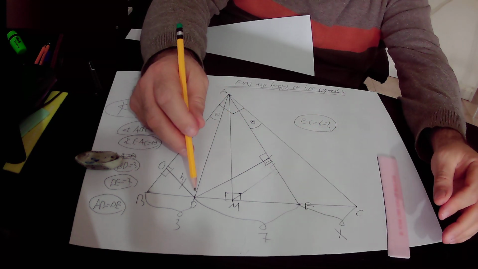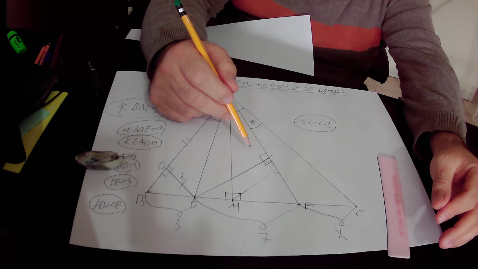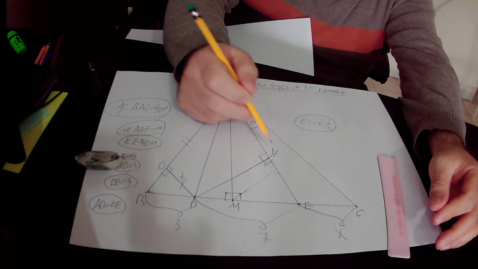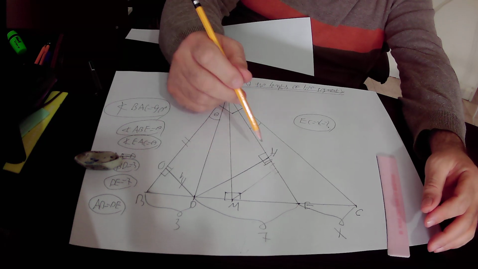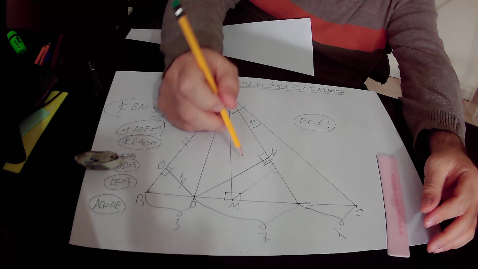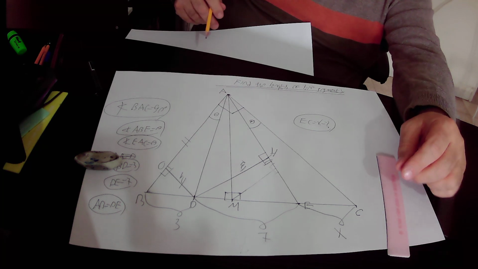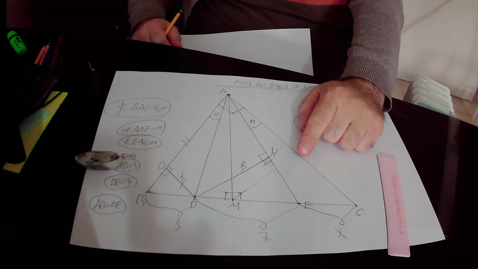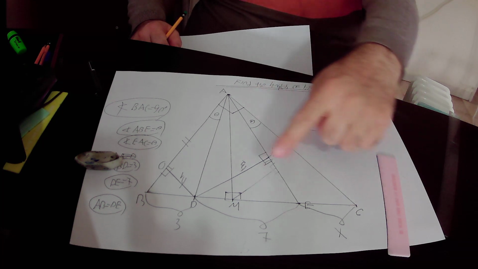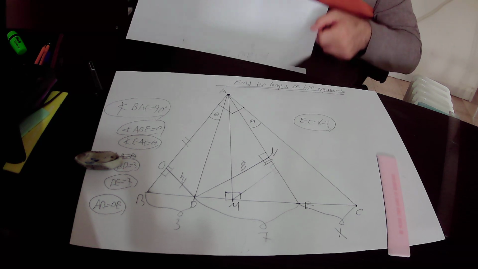We'll define the touching point of the perpendicular from point D to AE as point K. So DK is the height to the base AE. We'll define DK as H2. So in conclusion, the area of triangle ADE will be equal to the base of the triangle, that is AE, times the height to the base, that is H2, over 2.